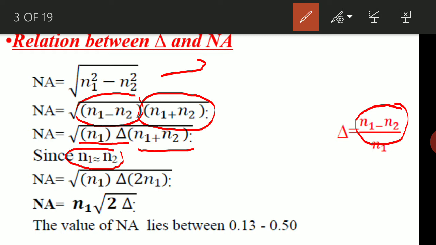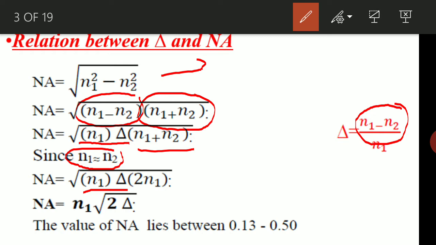With this approximation, the numerical aperture is equal to square root of n1 as it is and delta as it is. This n1 plus n2, as n1 is equal to n2, may be written as 2n1. Then rearranging the terms, we get numerical aperture is equal to n1 into square root of 2 delta. So this is the relation between the numerical aperture and the fractional index change.